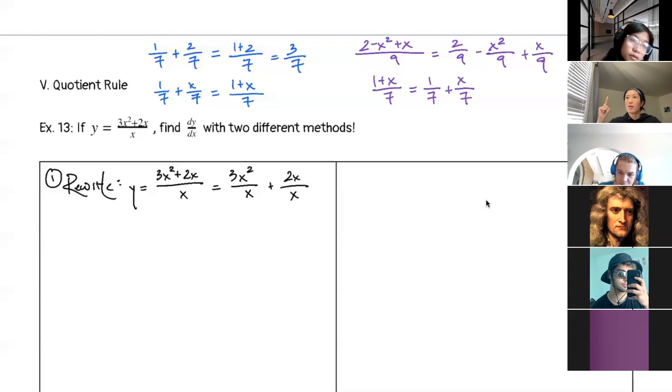Okay. Now, can we simplify even more? Sometimes we can, sometimes we can't, but it's always worth checking. Okay, and what does the 2x over x become? It becomes 2. Yeah, I buy that.